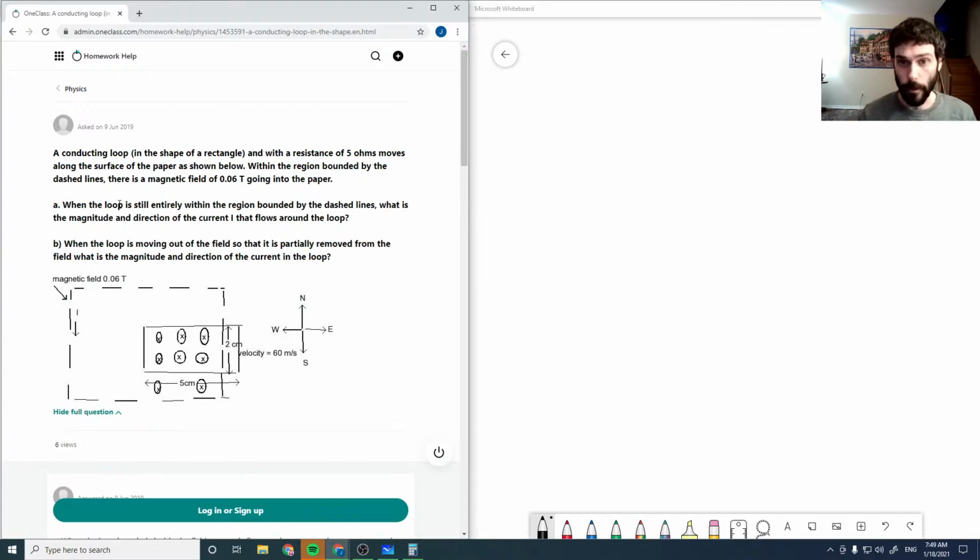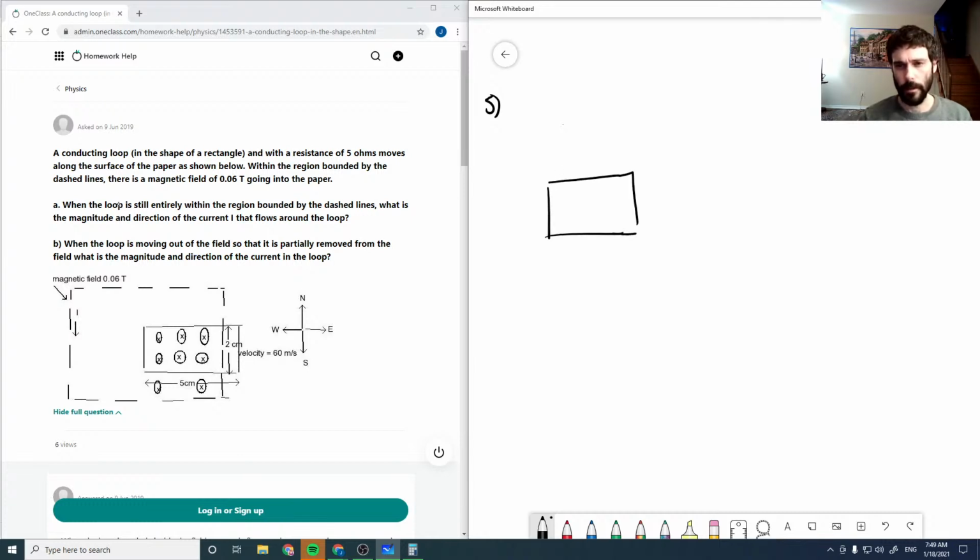So now for, this is only the 5th one. So we have a conducting loop in the shape of a rectangle, and it moves to the right. And we've got a B field. So we've got our conducting loop moving with some velocity.